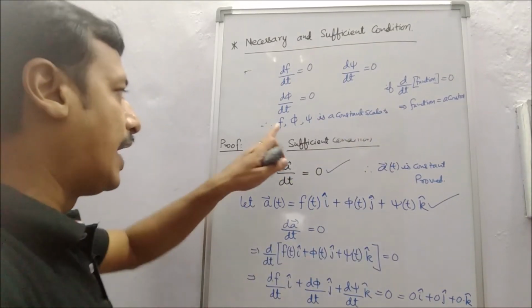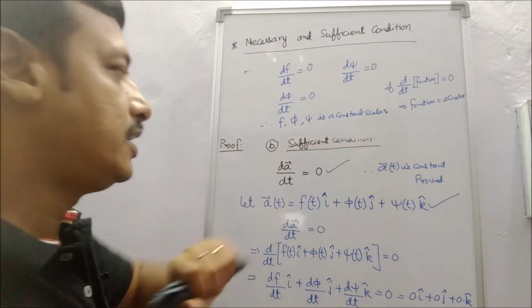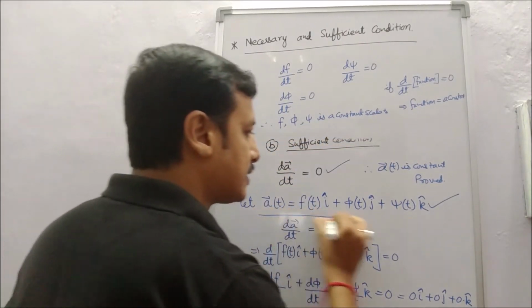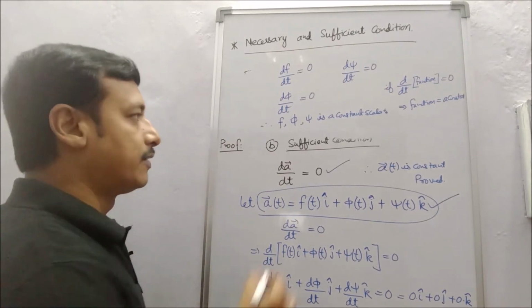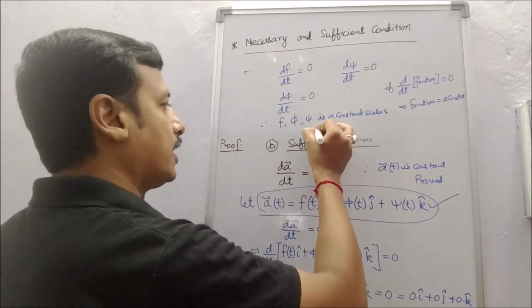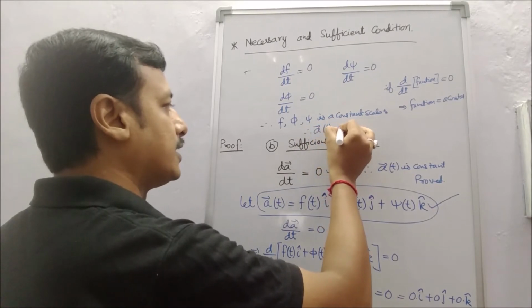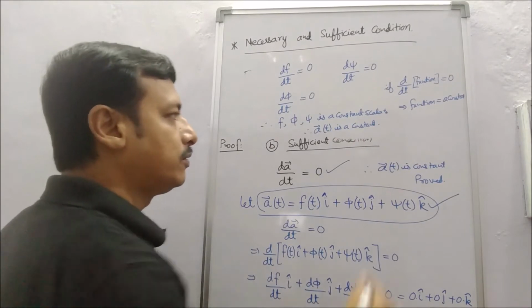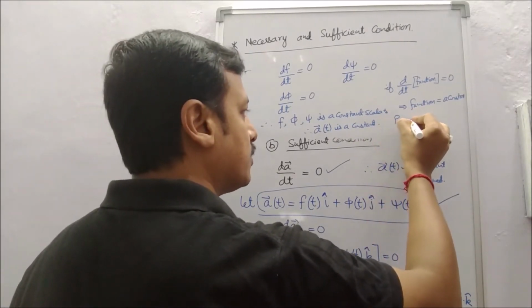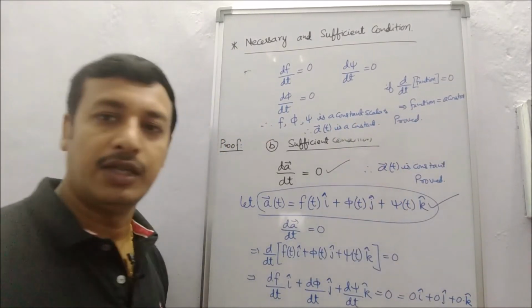So if f, phi and psi are constant, the combination of these is also a constant. Therefore, A(t) is a constant. So the sufficient condition is proved in another way.